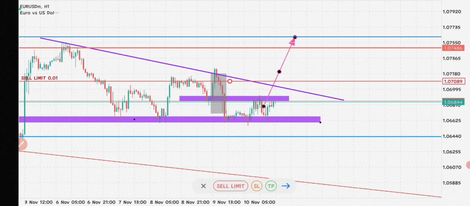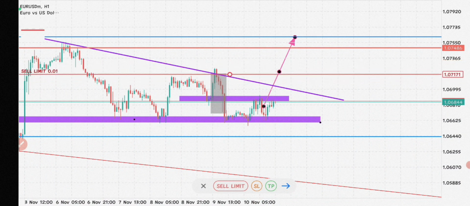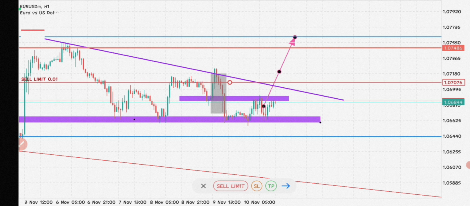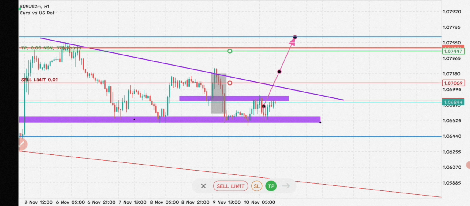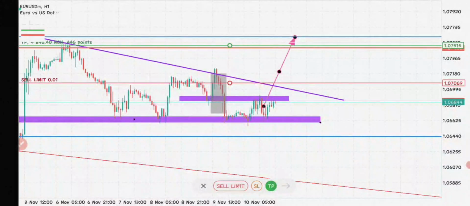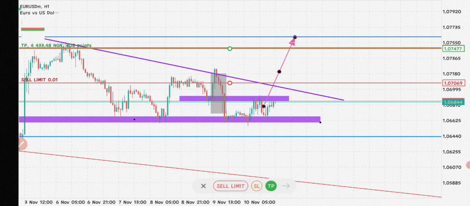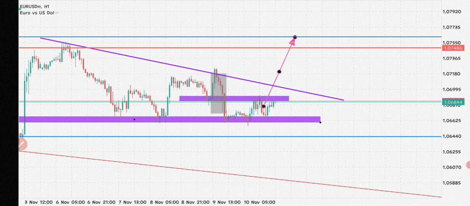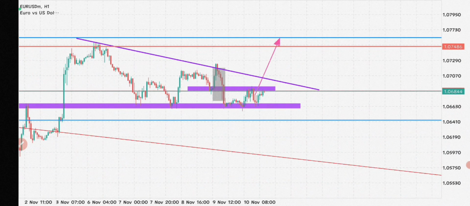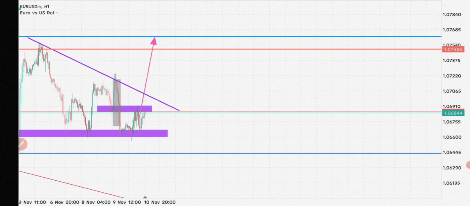Then once this zone is broken, we can take the trade. If we take the trade and put our TP, it is about 380 pips. So it's a very good one. Please just take care, be very careful while trading.